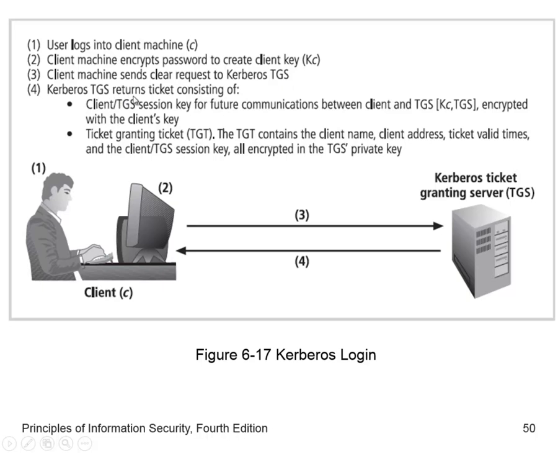The Kerberos TGS returns a ticket consisting of the client TGS session key for future communication between the client and the TGS, encrypted with the client's key, and the ticket granting ticket, which is the TGT. The TGT contains the client name, client address, ticket valid times, and the client TGS session key, all encrypted in the TGS private key.